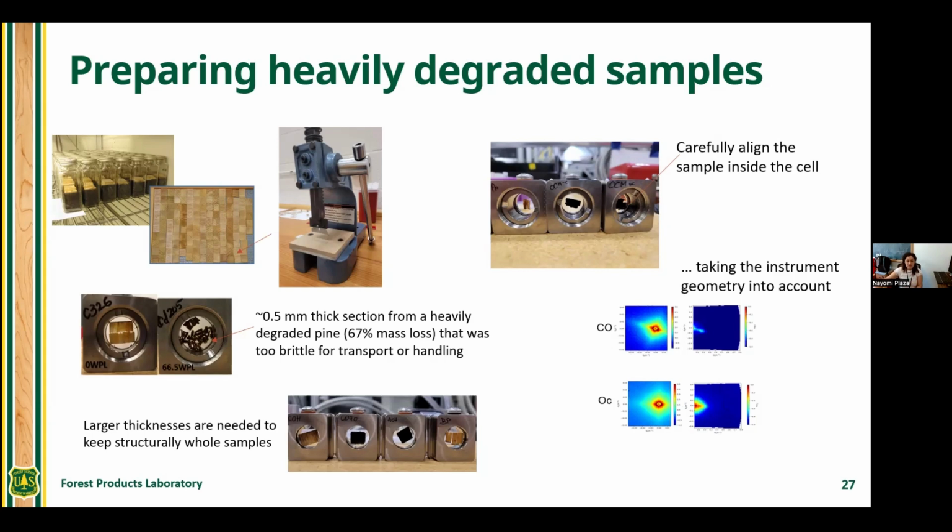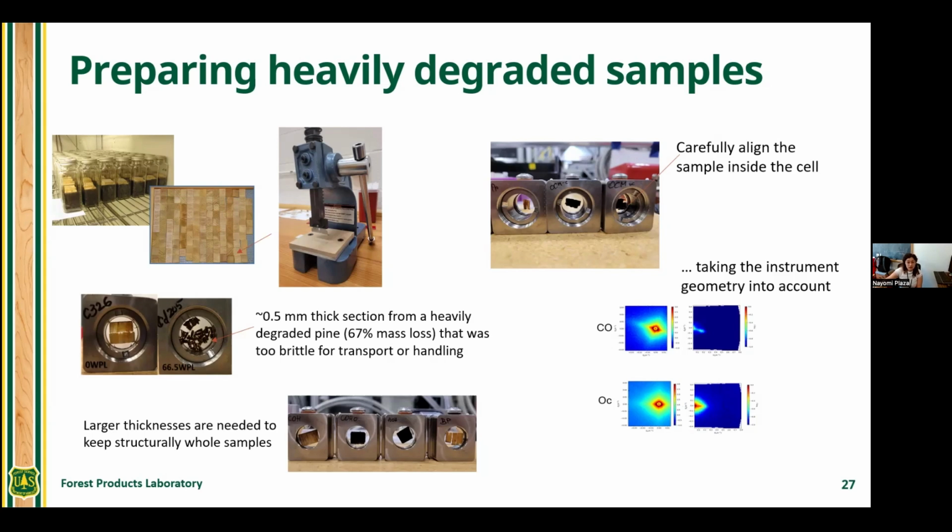Typically, when we assemble these cells, you need to twist a screw component to actually seal them shut. So you have to make sure that your alignment is top notch, and sometimes we'll have to use a needle to go in and make sure that the sample is carefully aligned and try not to scratch the quartz windows, which happens more often than not.